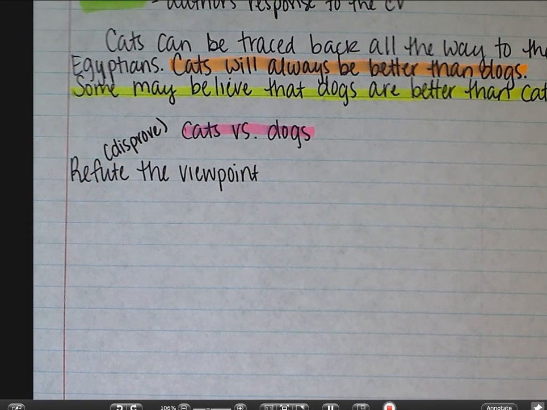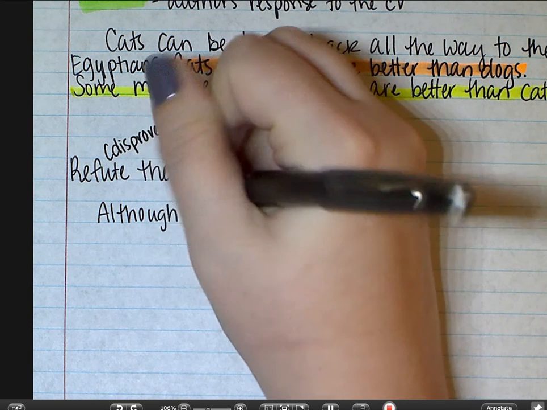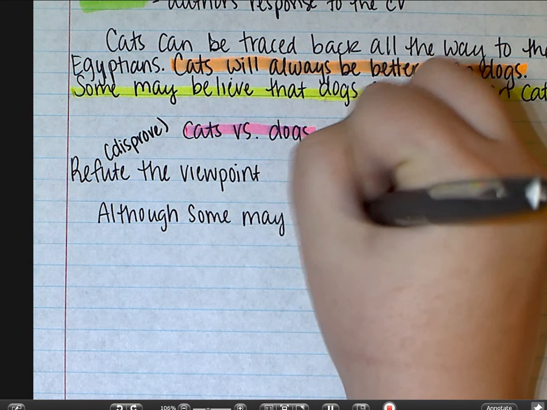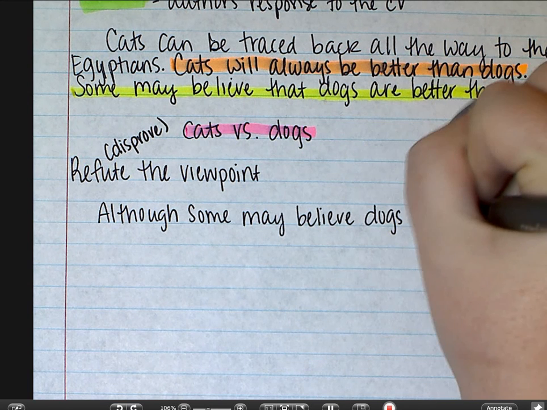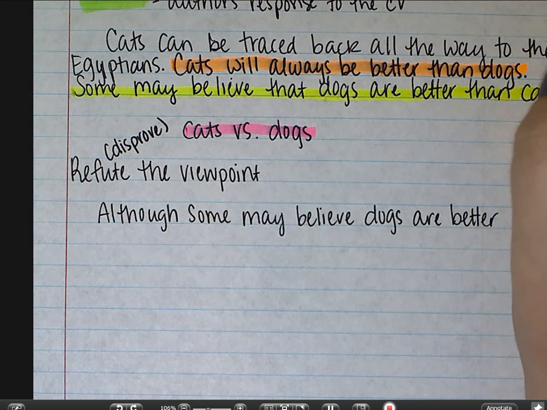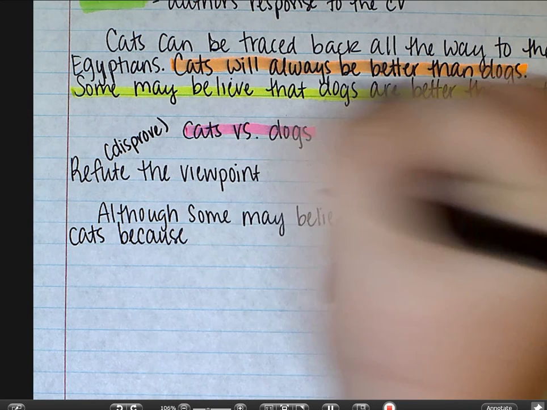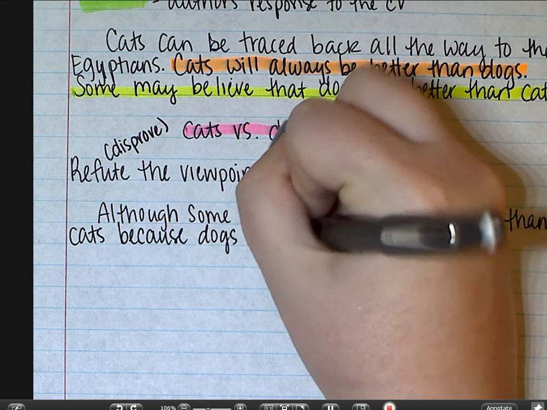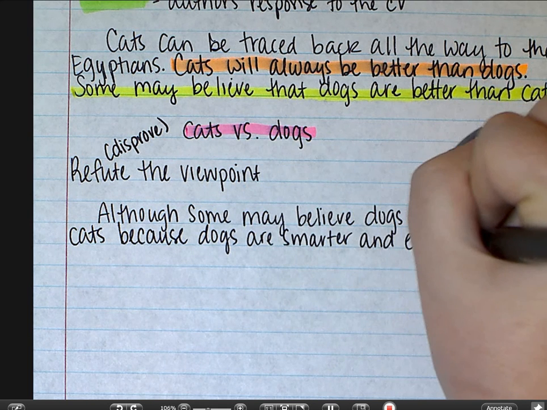Okay, so it is: although some may believe dogs are better than cats because dogs are smarter and easier to train.